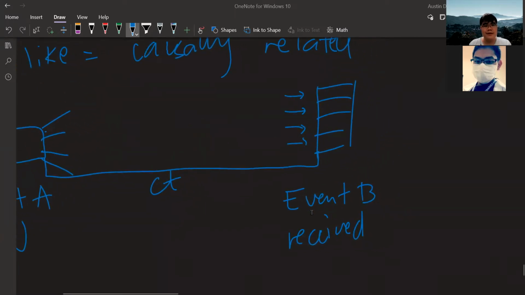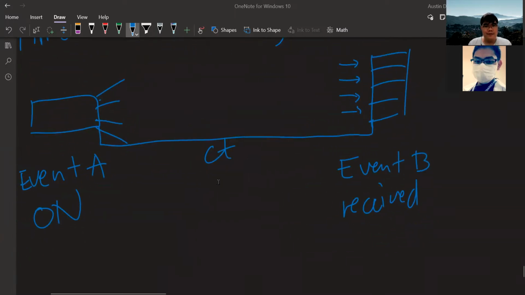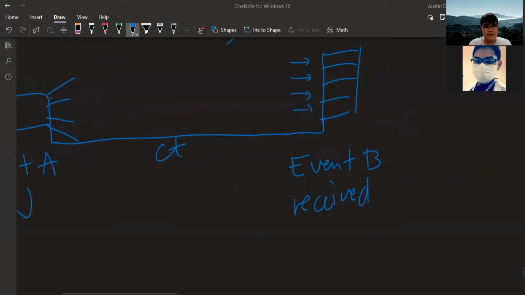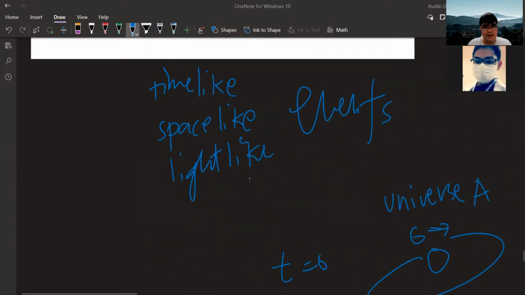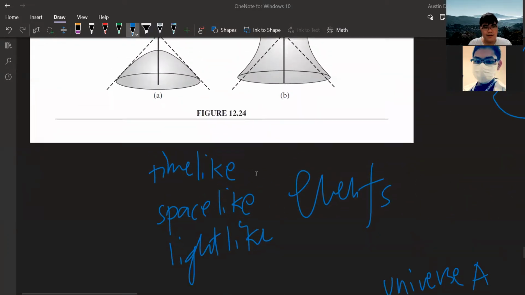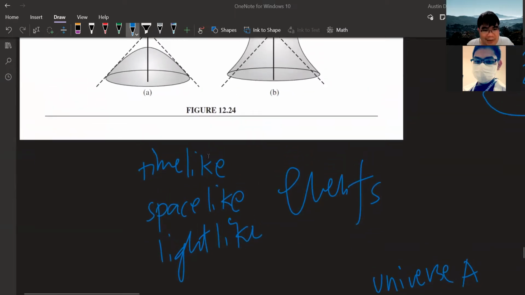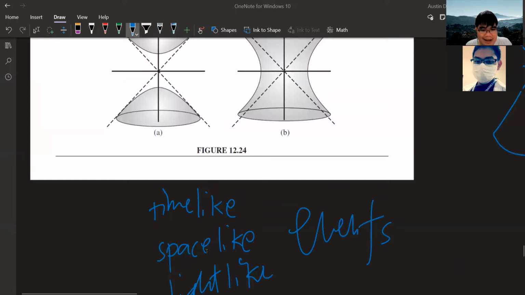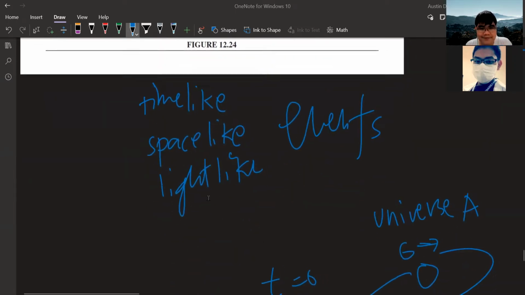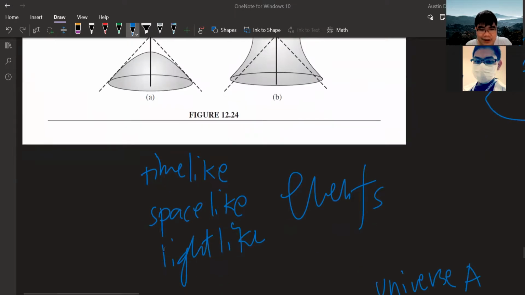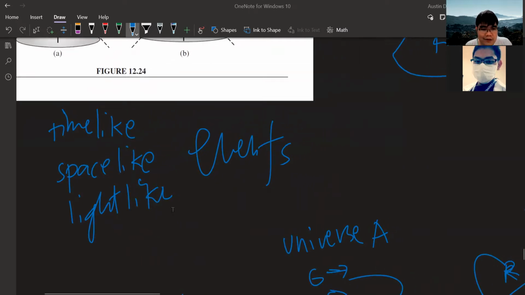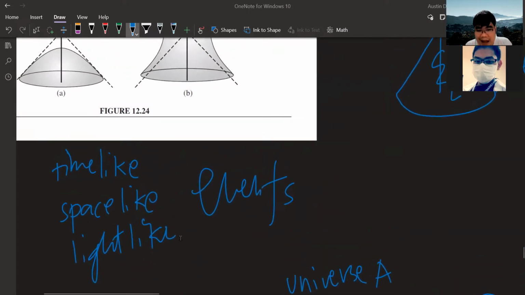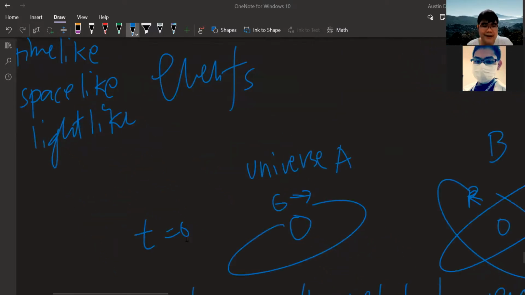Lahat ng time-like events, pwede siya maging light-like events. Pero hindi lahat ng time-like, pwede maging light-like. Gets? Exclusive lang to for light, if the two events are separated by the distance or time for light to travel.